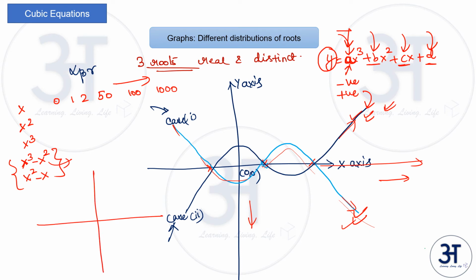Say y equal to x cube is our equation. In this case, all 3 roots are 0, they are equal and real, so the graph will be something like this. Take the case when y equal to minus x cube. Your graph will be something like this.